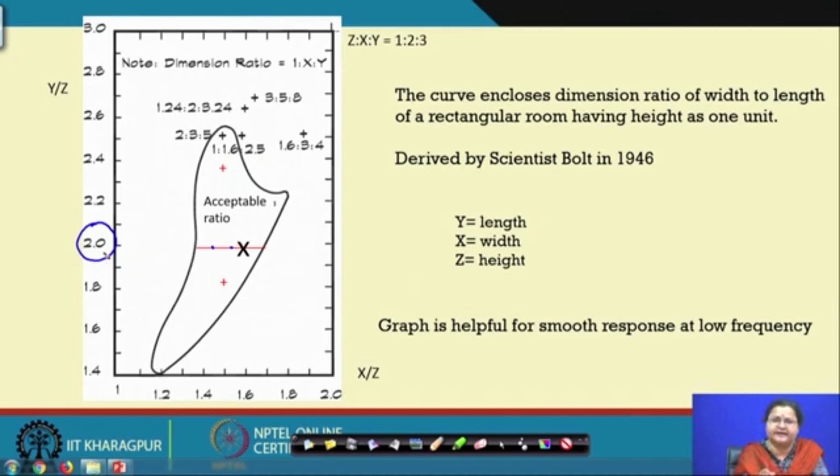If that is generated in that room, it will be a problem to deal with. So, hope you understood this. So, this graph will help you in taking a decision about the right proportion of the room to avoid bass or avoid standing waves or room modes.